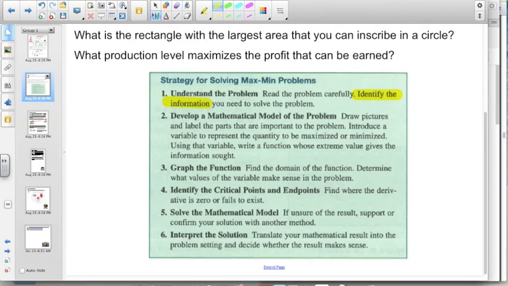We need to develop a model. Models involve pictures, graphs. We need to be able to represent quantities in terms of equations and that information. We need to be able to graph it. And we need to be able to really solve this mathematically.